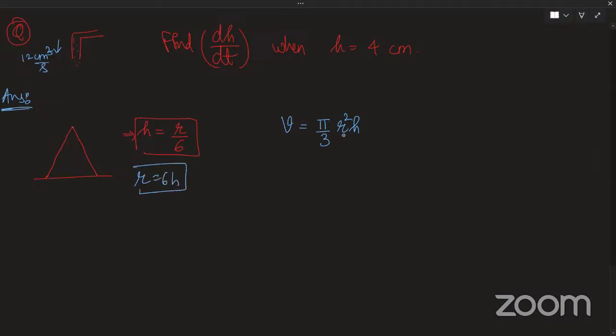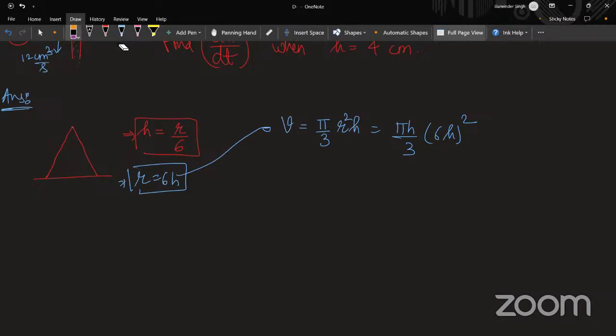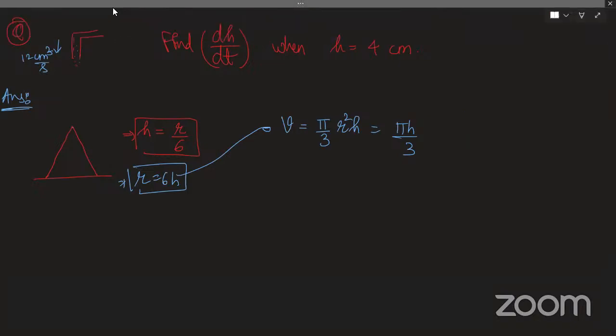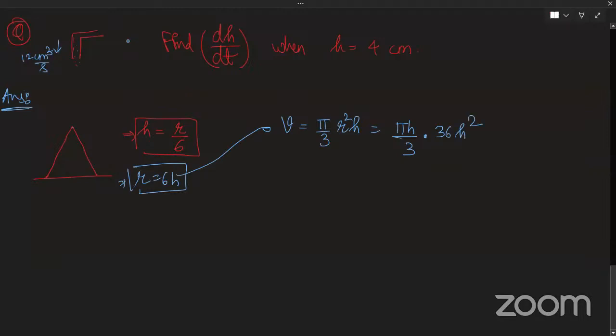So I will substitute r is equal to 6h in this equation. So it will be pi h by 3 into 6h whole square, right? 6h whole square can be written as 36h square, correct? So overall my value becomes 12 pi h cube.